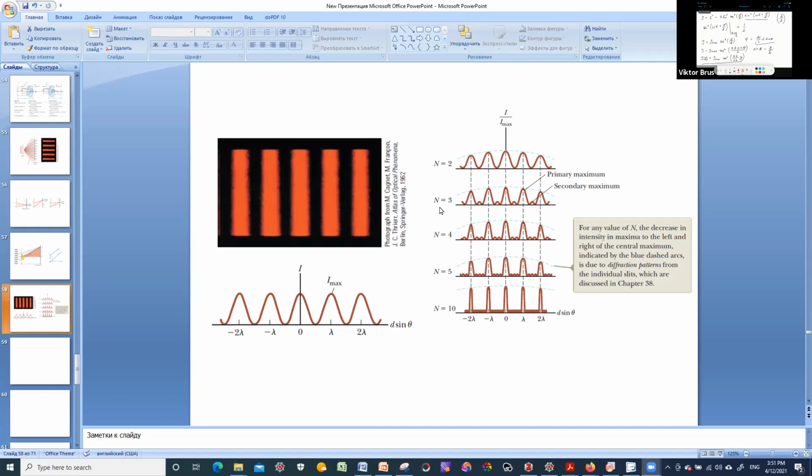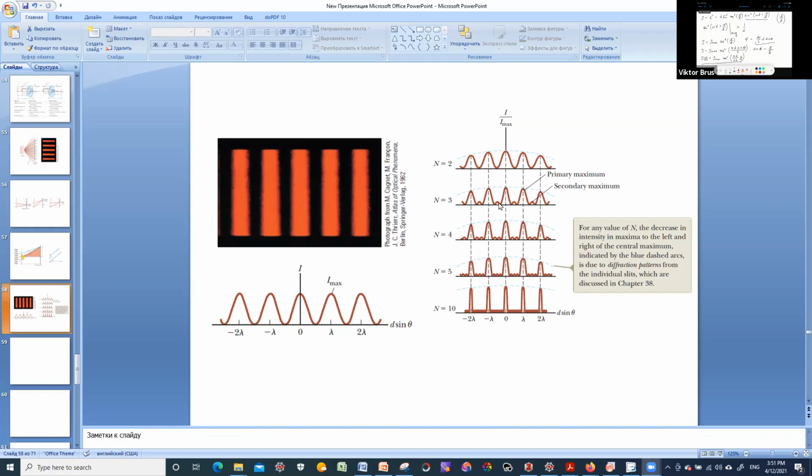What does it mean? We have a primary, most distinct, intense maximum, and where there should be a minimum, there is some secondary maximum, which is much weaker than the primary maximum.